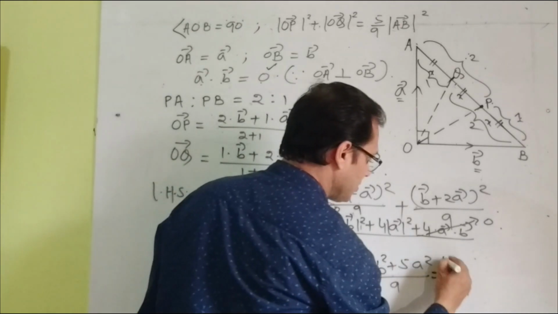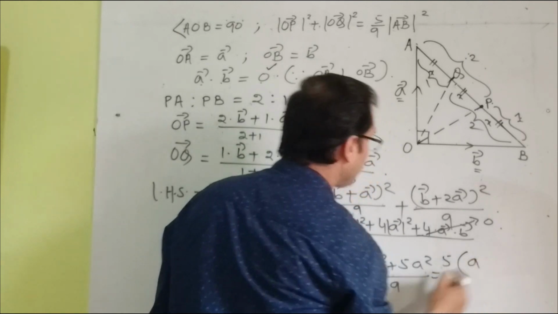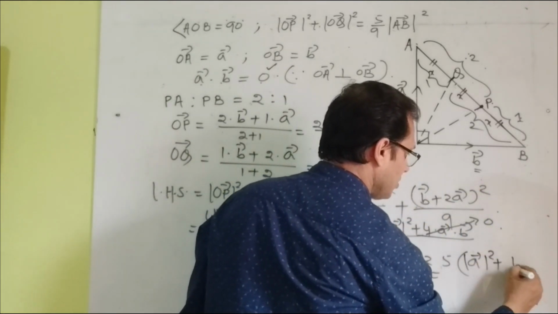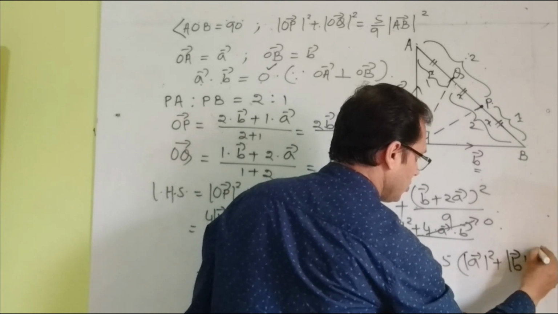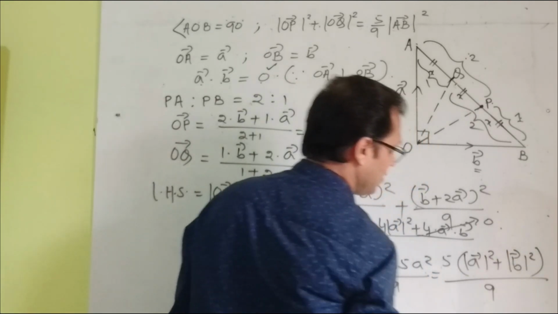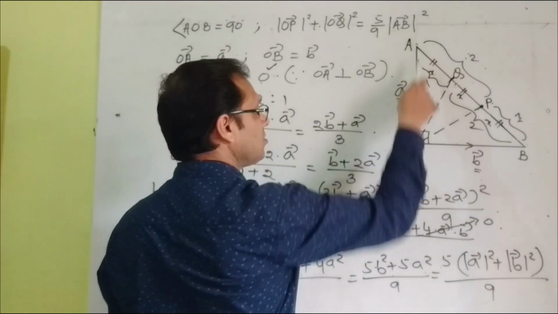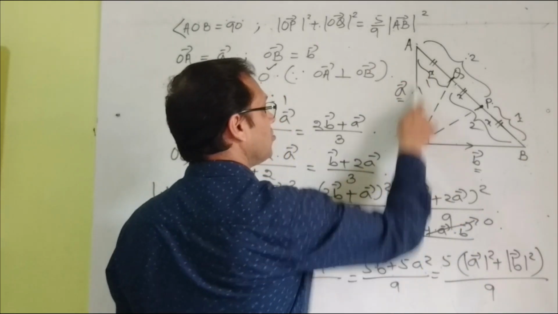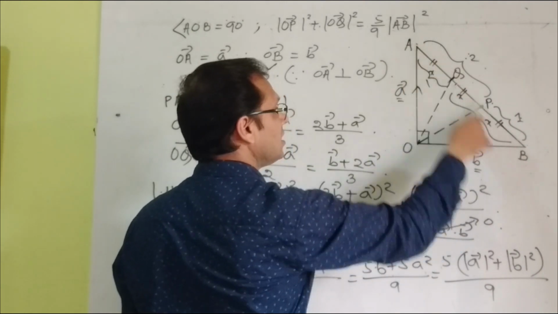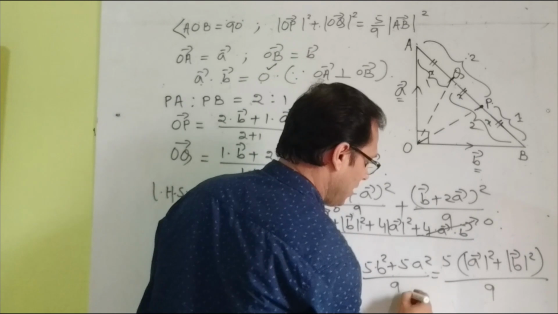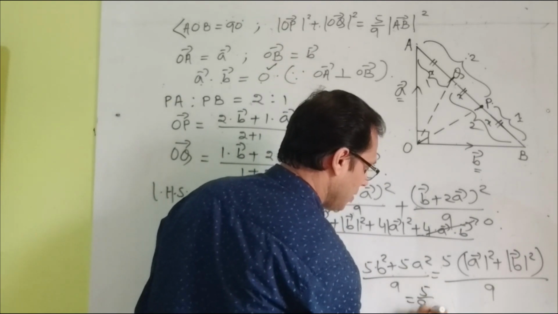Taking 5 as common, A square means A vector magnitude square plus B square means B vector magnitude square by 9. A vector magnitude square is OA square plus OB square, and OA square plus OB square by Pythagoras theorem is AB square. So this is nothing but 5 by 9 AB square.